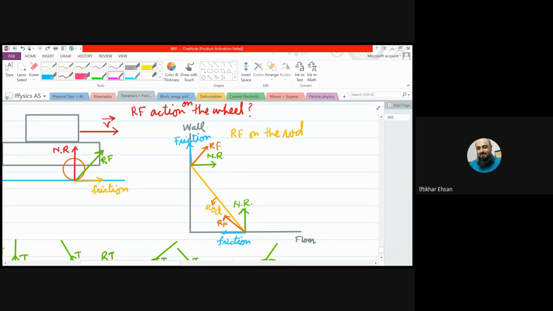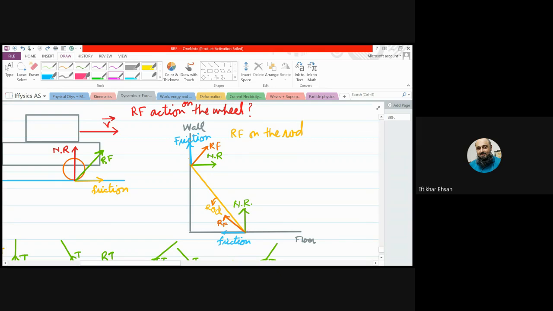If the rod is going to slip, how would it move? This end will move to this side and the top will move downward. Is there any other possibility? Naturally, it goes like that.